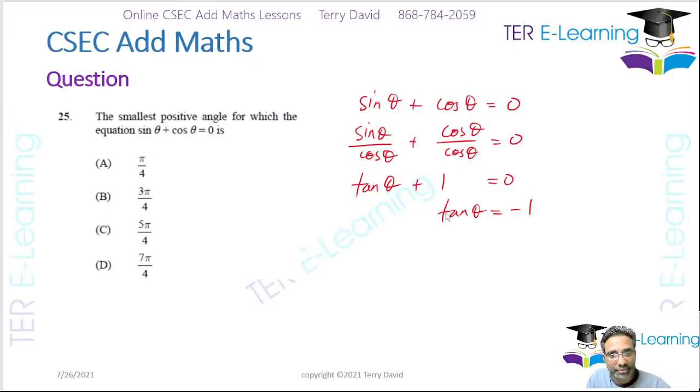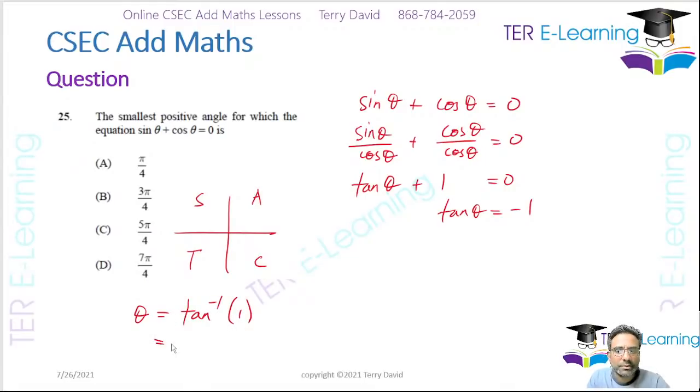Now here's how we have to work this problem. You must always draw these quadrants, and you need to remember all the ratios are positive in the first quadrant. Only sine is positive here, tan is positive here, and cosine is positive here. So what we need to do is find the principal value, which is arctan of 1, right? I think that should be 45. So second function, tan, right?